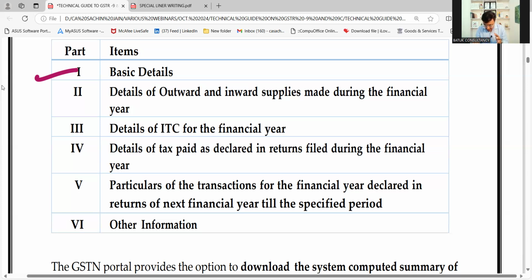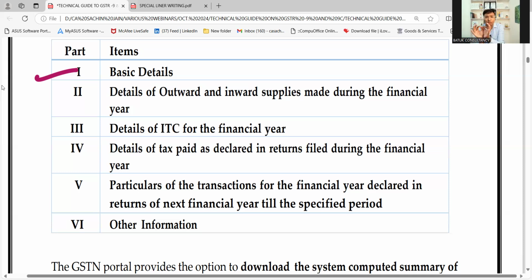Now, as we all know, there is certain data which is auto populated in the GSTR 9 return. Your outward supply related data should be auto populated from your GSTR 1 return. Your input tax credit related data will be auto populated from your GSTR 3B return.